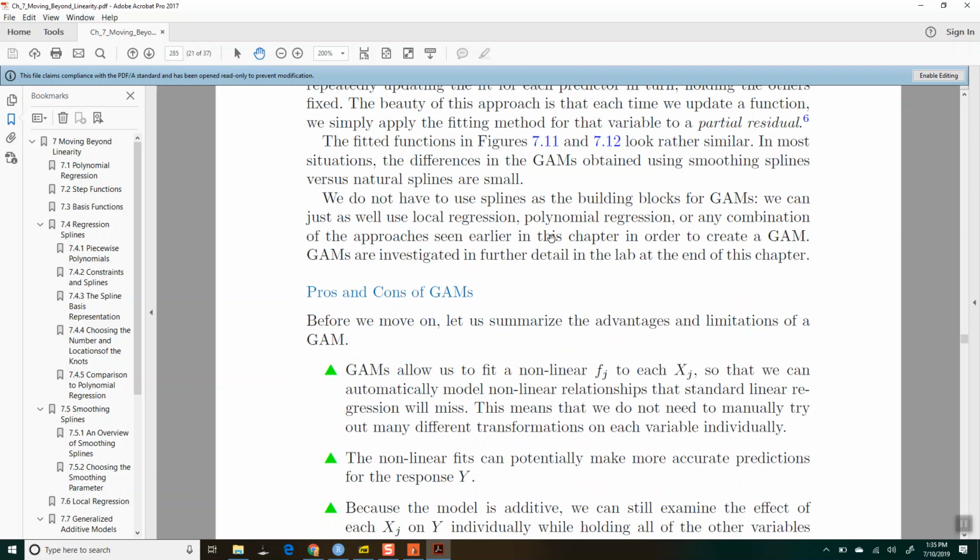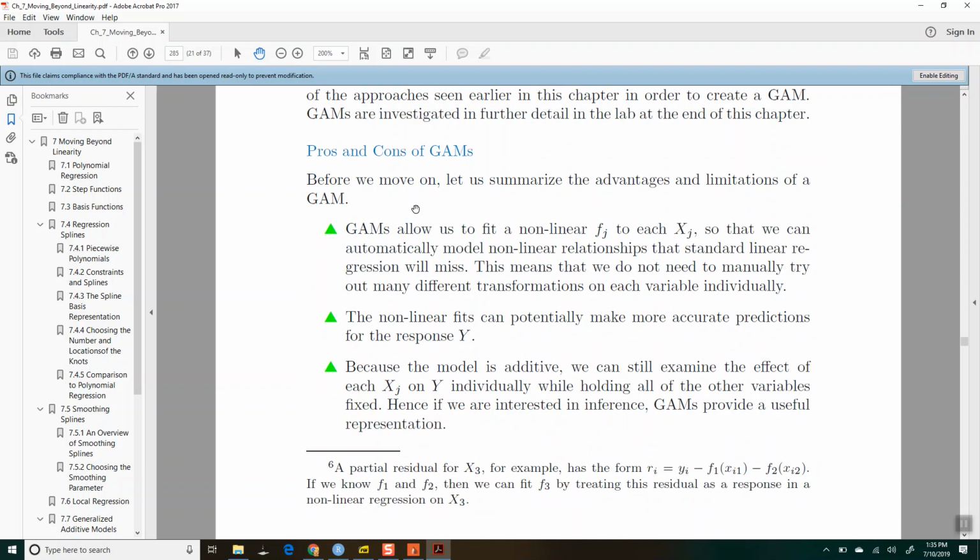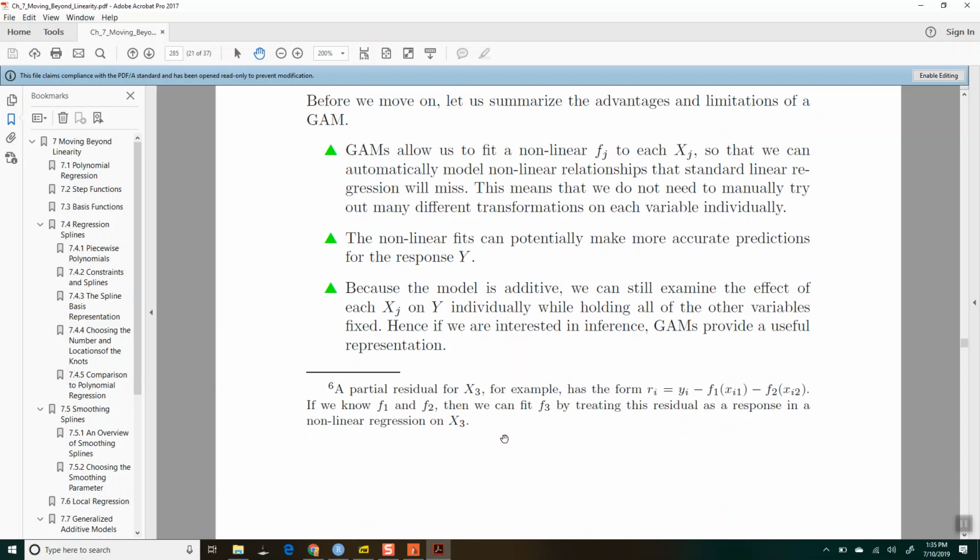That's the advantage of using this generalized additive model, is that we can fit the nonlinear relationships, which means we might be able to make more accurate predictions, and we can examine the effect of each x on y if everything else is fixed.